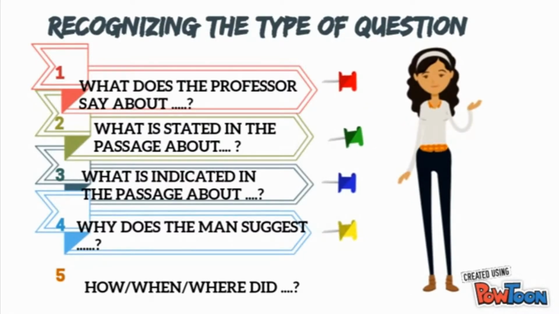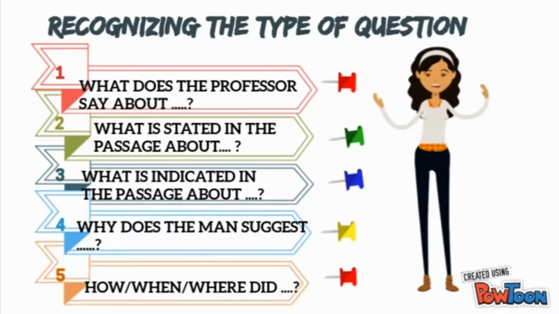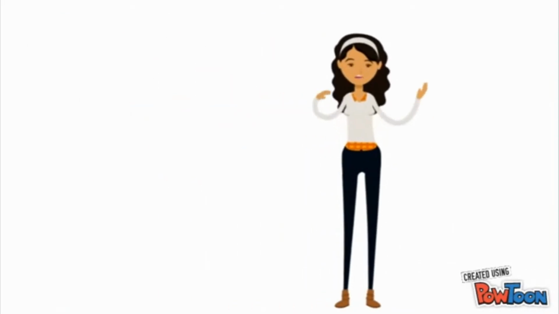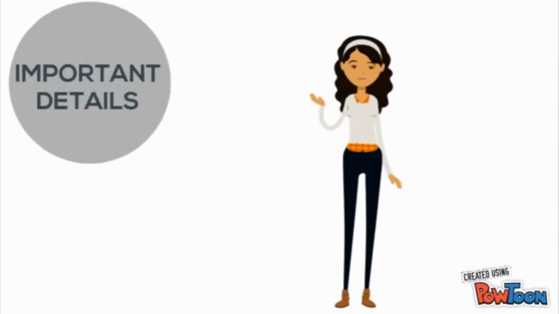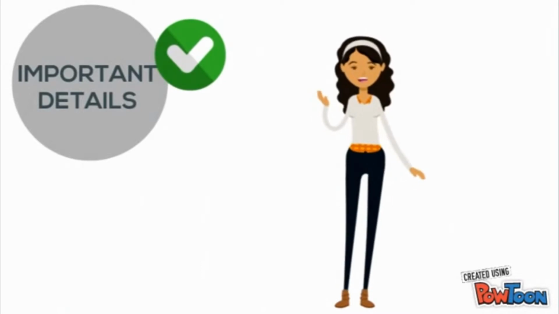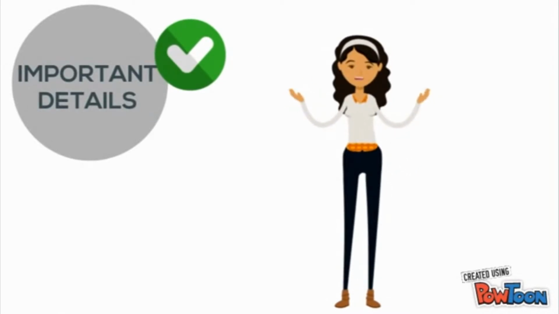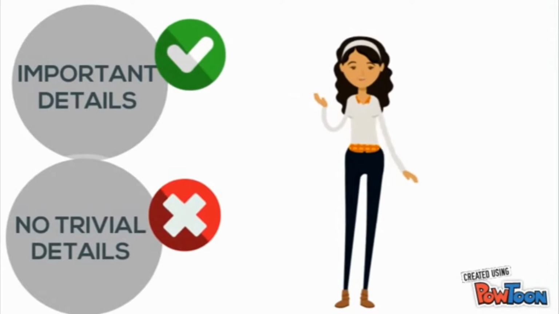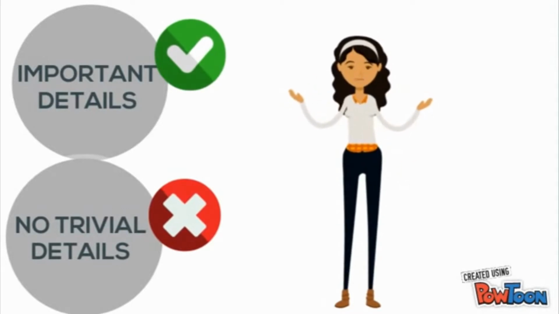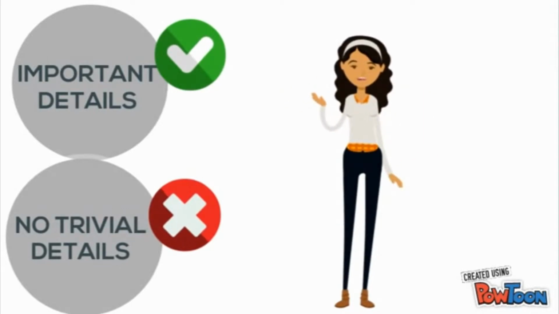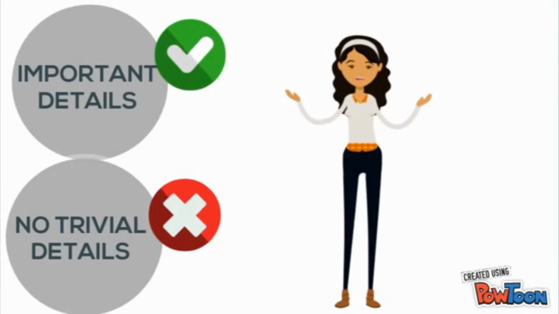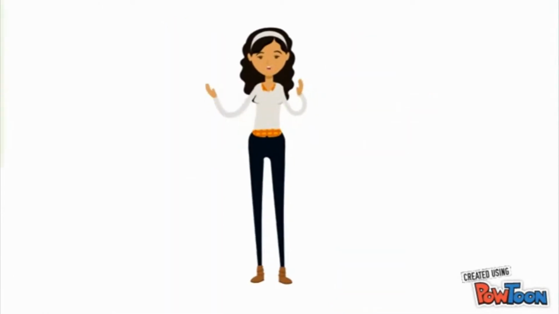Why does the man suggest? How? When? Where did? Detail questions will always ask you about an important conceptual detail. You will not be expected to memorize trivial details such as whether something happened in 1997 or 1976. So let's look at a sample detail question.